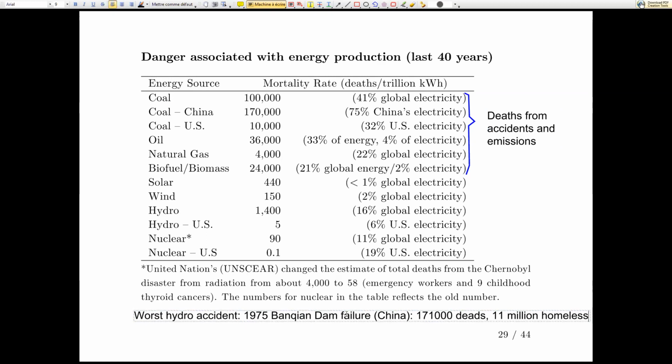There was a dam failure in China. It killed 171,000 people right away, plus from the consequences, and it made 11 million people homeless. Just from a dam failure.